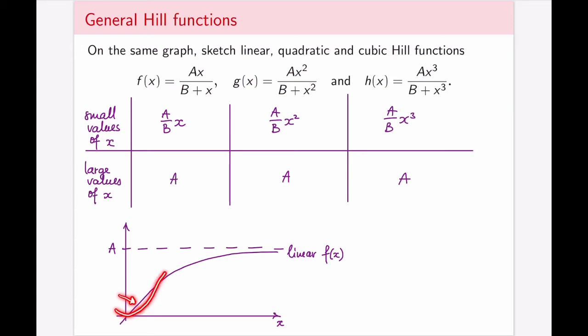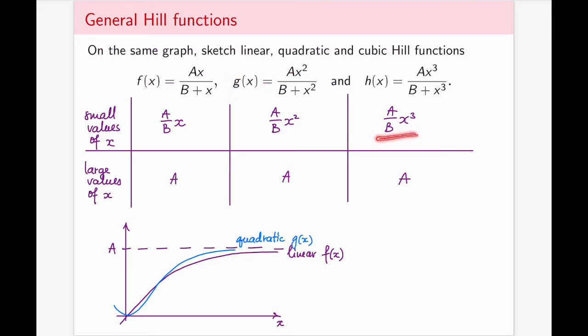But later on, the larger power has to switch over and start dominating. The quadratic function will eventually have to beat out the linear function in how fast it grows. So I'm going to have a switch over at some point there. I start off with a parabola, and then at some point I switch over to dominate the linear function. So this is going to be my quadratic Hill function, that's in this case called g of x.